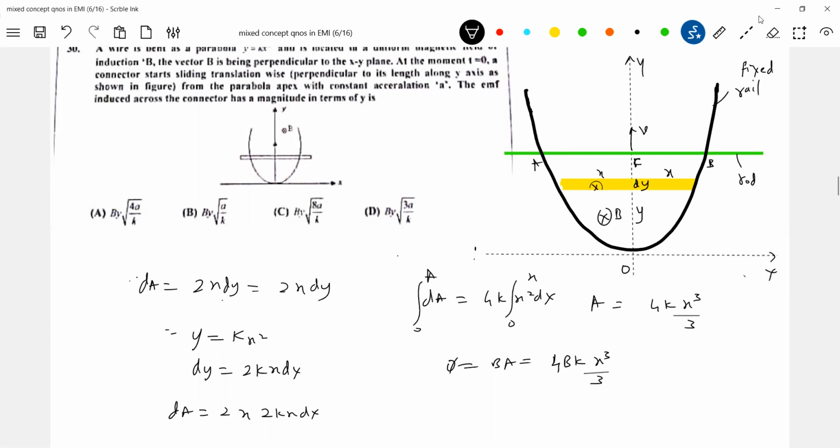Y equal to kx square is there, so this should be 4Bk by 3 times (y by k) to the power of 3 by 2. Now I'll differentiate. 4Bk by 3, y to the power of 3 by 2.